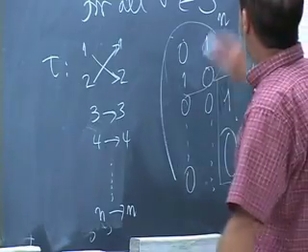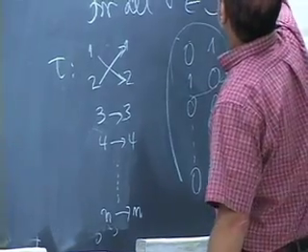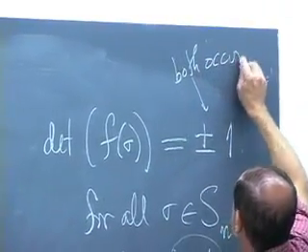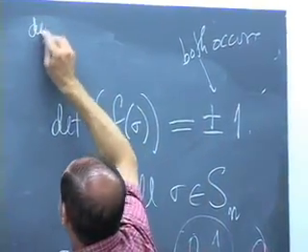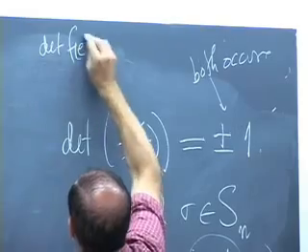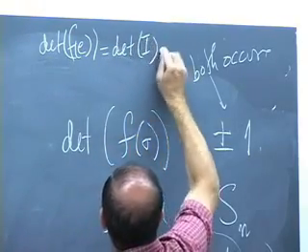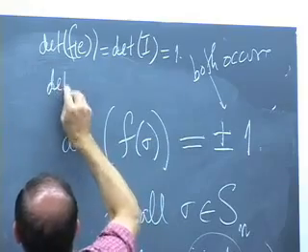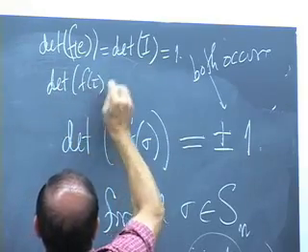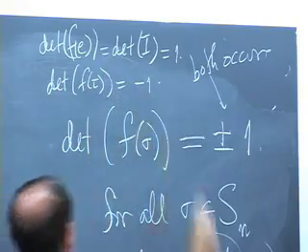So, both occur. Because, for example, the determinant of f of e is the determinant of the identity matrix, which is 1, but the determinant we've just seen of f of tau is equal to minus 1.